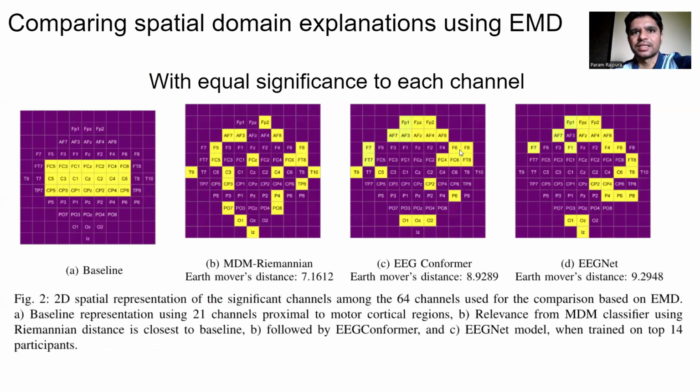Considering all channels to be of equal significance, the spatial explanations from the models can be represented in the matrices as shown, and the heat maps can be compared with the baseline using Earth Mover's Distance.